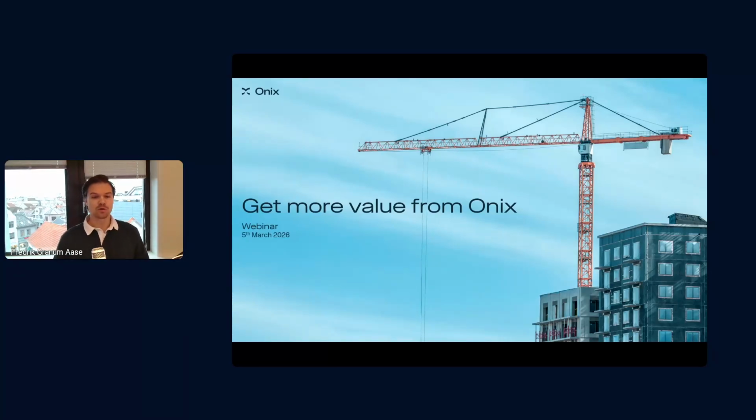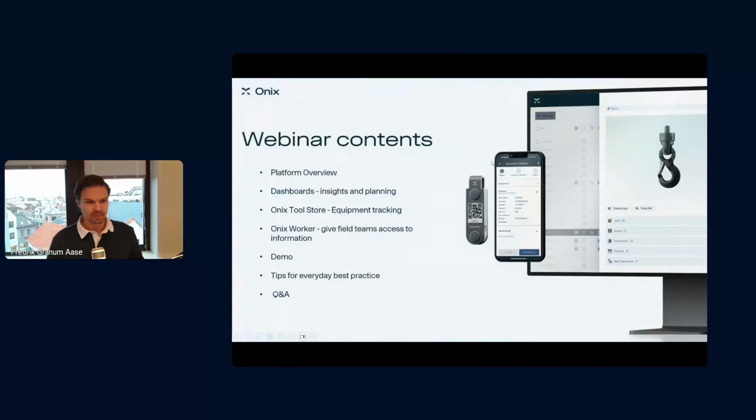How to get more value from Onix. We will talk briefly in the beginning about the platform overview. We will look into dashboards, Onix Tool Store, and Onix Worker. Those are features and applications that are part of the Onix software family, and they are more relevant to equipment owners, so we will look at those.